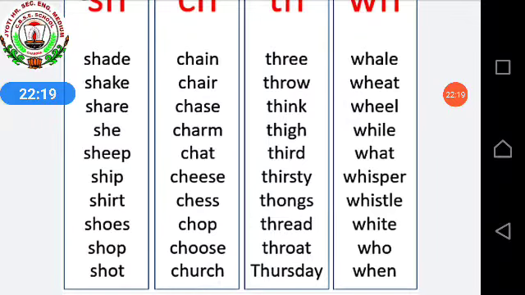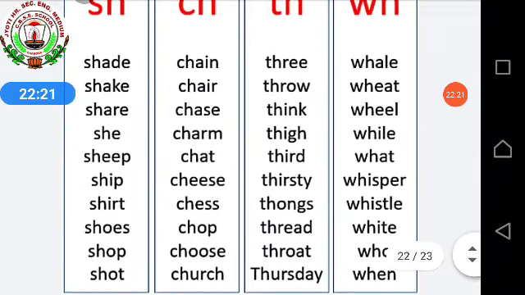With TH: three, throw, think, tie, third, thirsty, thongs, thread, throat, Thursday. With WH: wail, wheat, wheel, while, what, whisper, whistle, white, who, when.